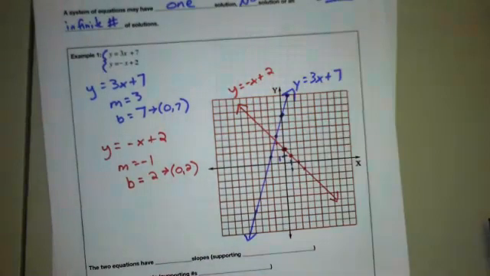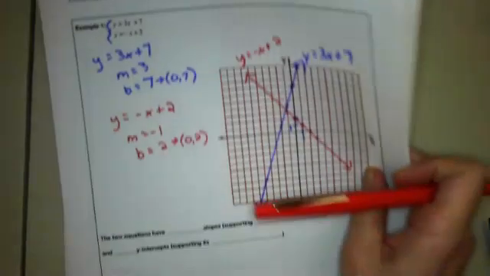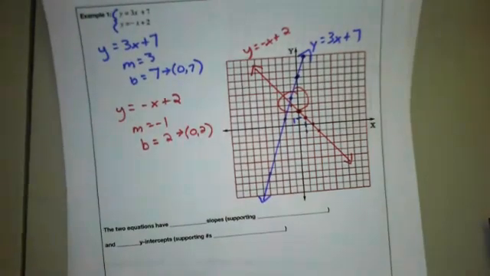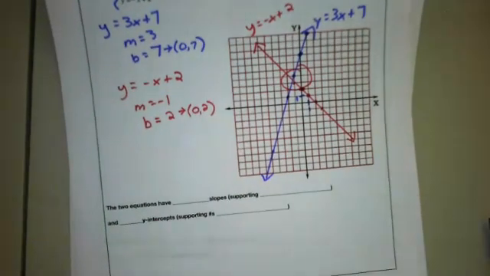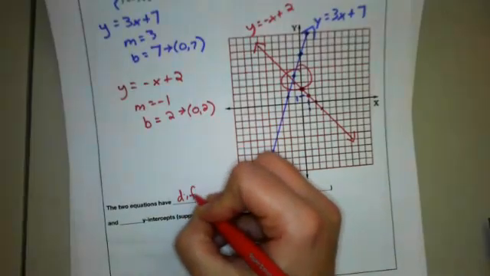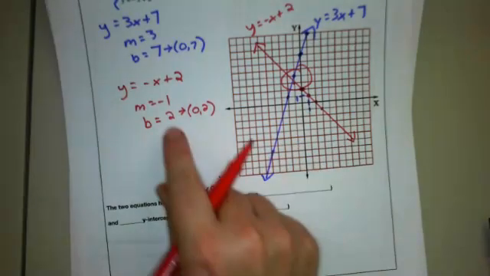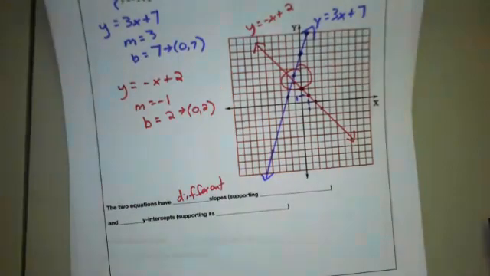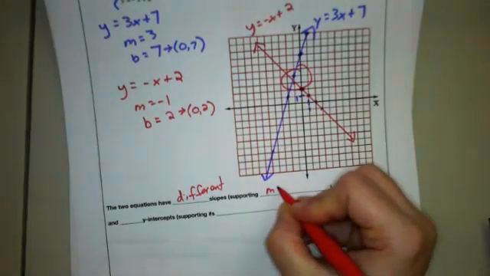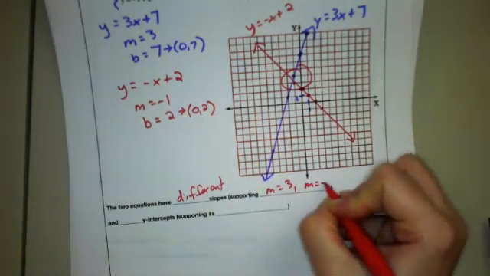The point to all this is that I want you to see that the two equations have one solution. The point I want you to take away is that the two equations have different slopes. We saw that: m equals 3 and m equals negative 1.